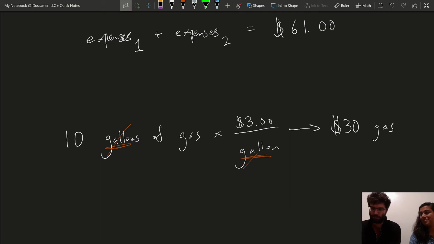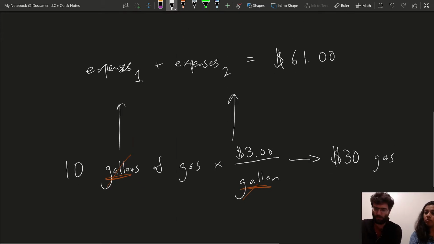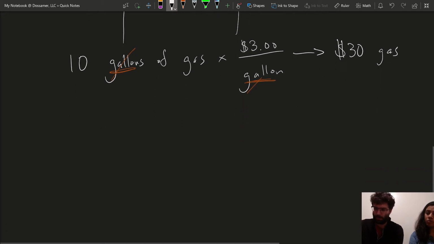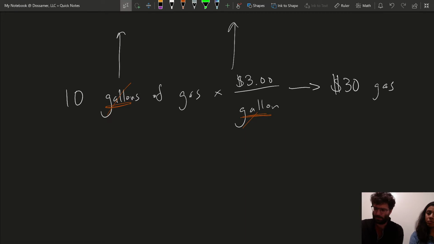Boom. So we can take this example and abstract it out and then plug it into our last equation. Mm-hmm. Do you know what I'm talking about when I say unit cost? The cost of one unit.